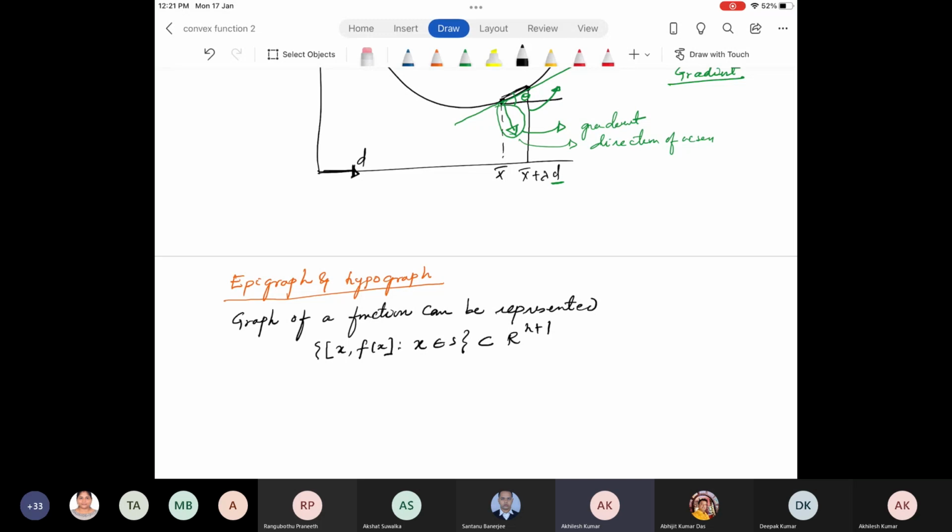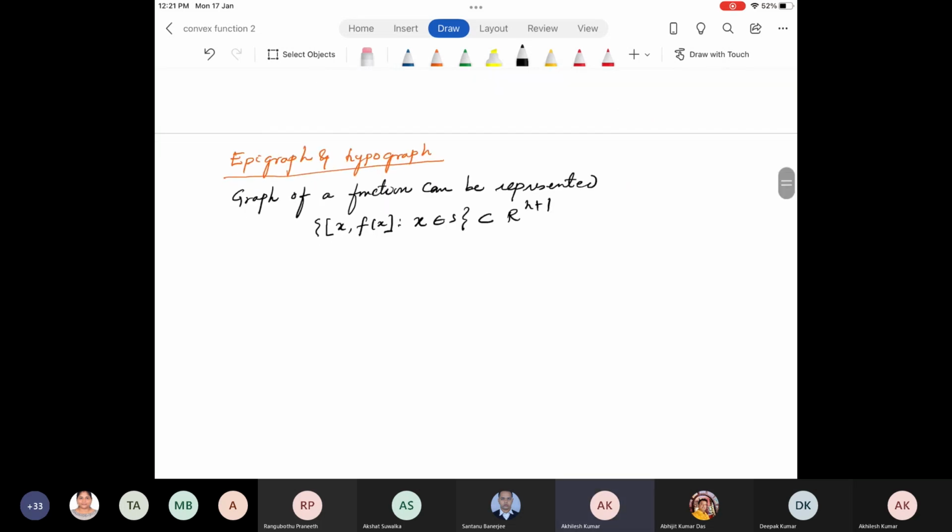Does that make sense? We'll come to that when we're discussing the steepest descent method. So this is my graph. Now, suppose I draw this curve, let me bound it in 2 dimensions.